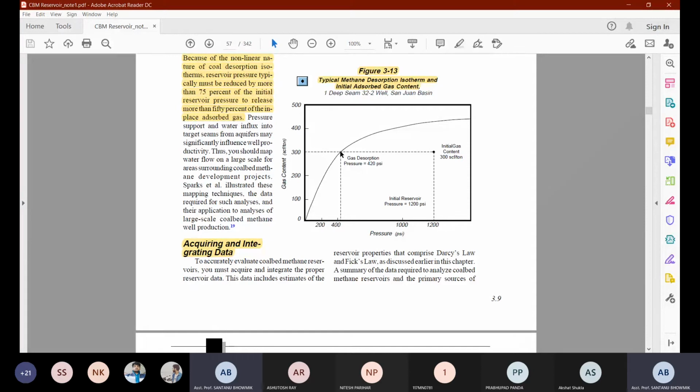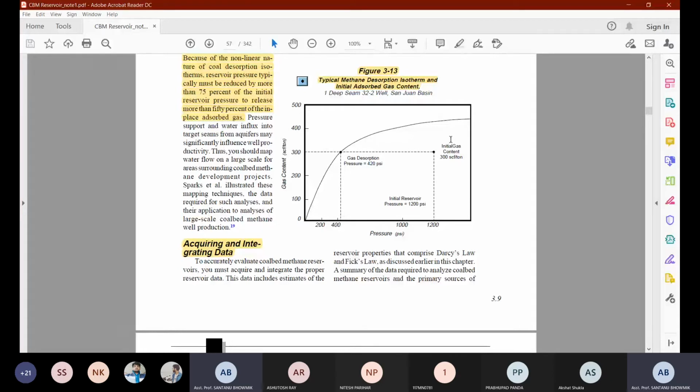If the reservoir pressure is much higher than the critical desorption pressure, you will not get any gas production. This critical desorption pressure is particular to a reservoir.